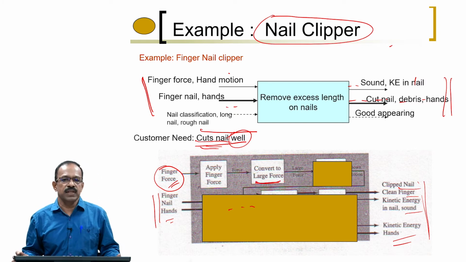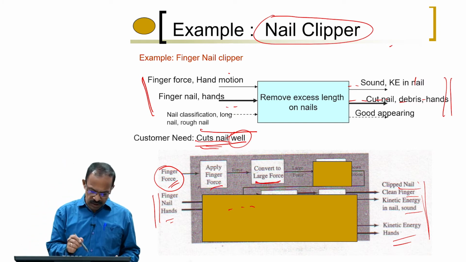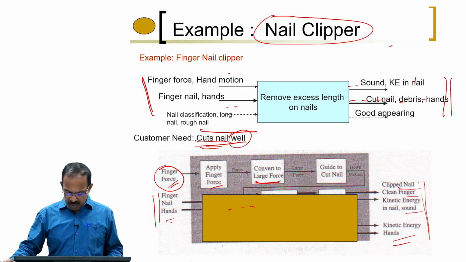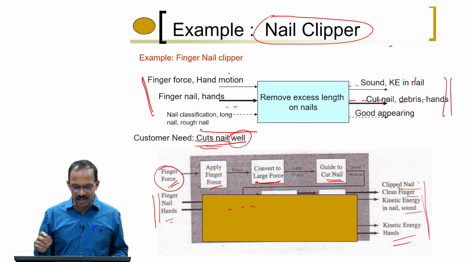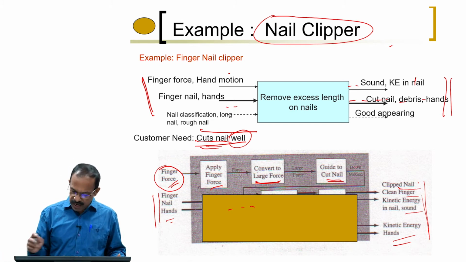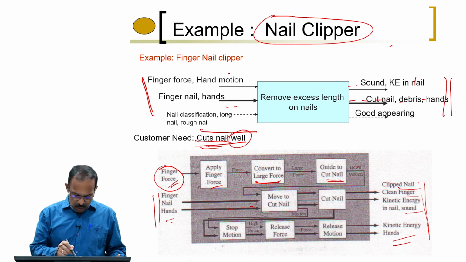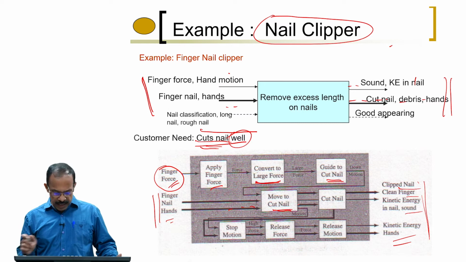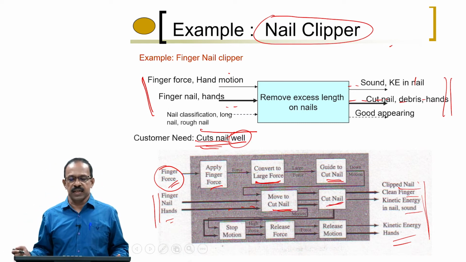We need to convert this finger force to a large force, and then once this force is applied, you need to guide it to cut the nail. That is, you have to move the tips or the cutting edge to cut the nail, that is down motion, guide to cut nail and then move to cut nail. So, you have to move this whole thing to cut the nail and then the cut nail will come out.